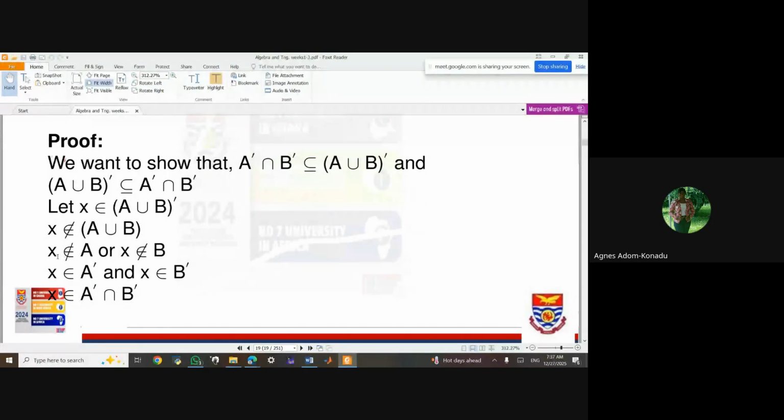So this means that X is not in A or X is not in B. If X is not in A, then it will be in the complement. So X is in A complement, and the or here changes to and. So X is in B complement. So this means that X is in A complement intersection B complement.